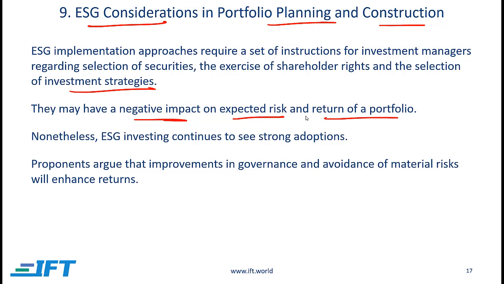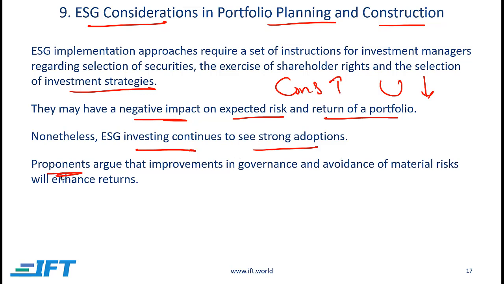So the basic point is that since the number of constraints goes up, the universe of available securities goes down, and therefore there will be a negative impact on the expected risk and return. However, ESG investing continues to see a strong adoption because one might argue that some investors are concerned about social, environmental, and governance factors and are not completely focused on risk and return in the short run.